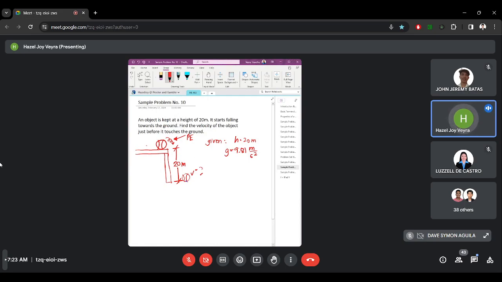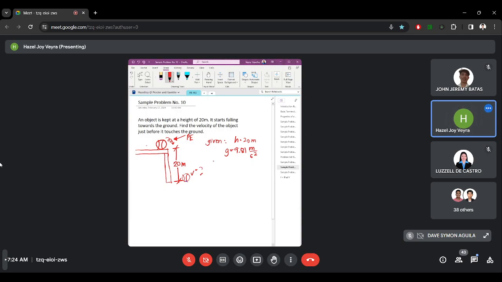However, when the object starts to fall, example, nag-roll siya, and we have here negligible air resistance and friction, etc. Negligible mo na lahat. Meaning, ang force lang na mag-a-act sa object is the gravity, no? And assuming that this ball will fall vertically, like straight vertically, walang mga angle.